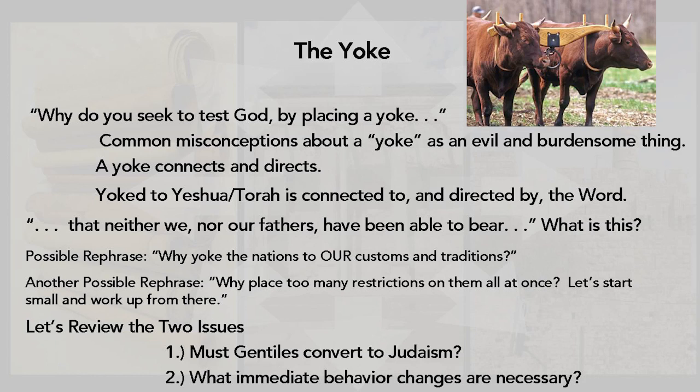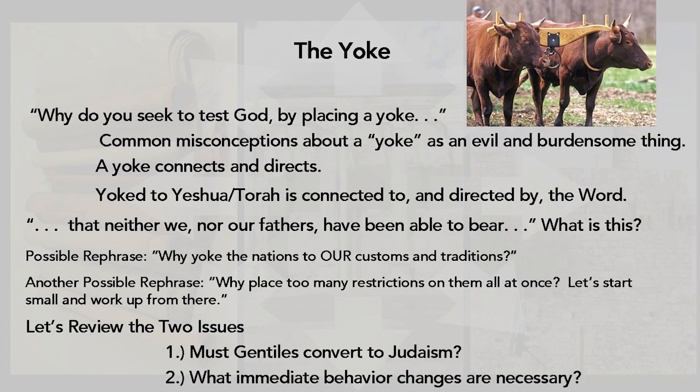So I have two possible rephrases of this statement of Peter for your consideration, for you to think about, because in my mind, knowing what I know now after having studied this out for 8 years, trying to figure this out, here's my supposition, and you can let me know what your thoughts are. You might say, why yoke the nations to our customs and traditions?